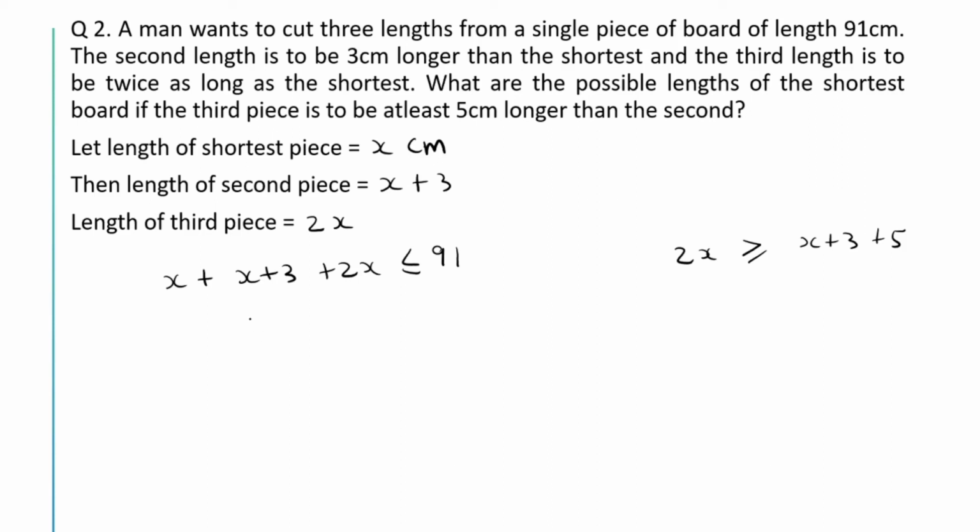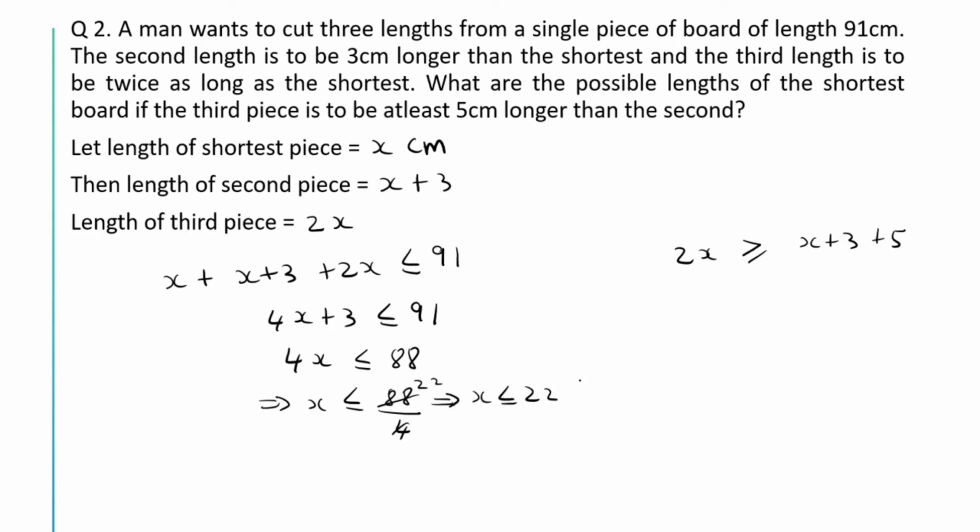So here let us simplify. We get 4x plus 3 less than or equal to 91, or 4x less than or equal to 88. From this we get x less than or equal to 88 by 4, or x less than or equal to 22.